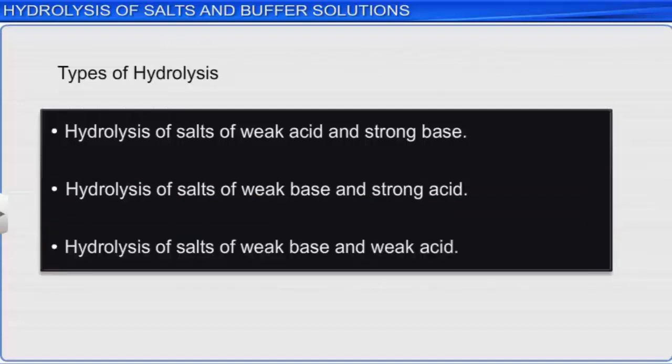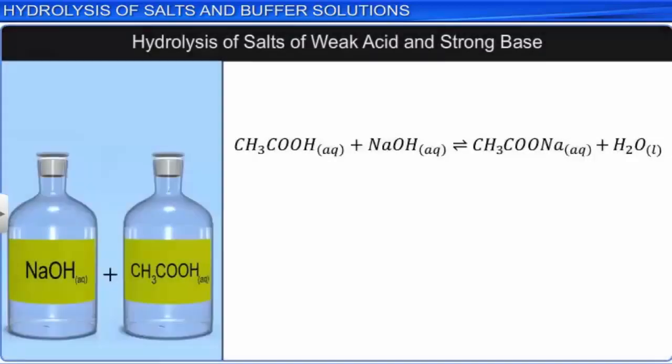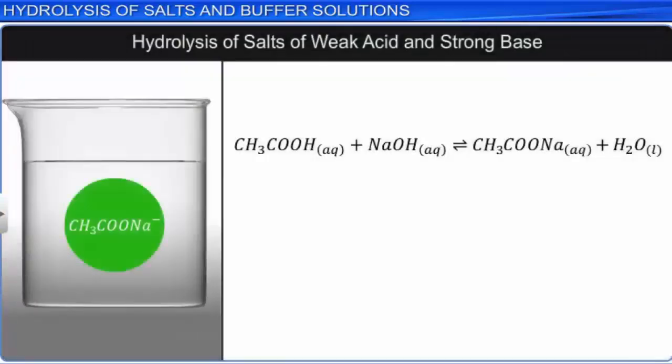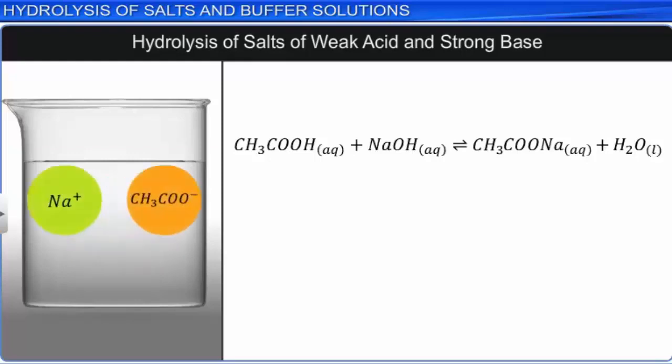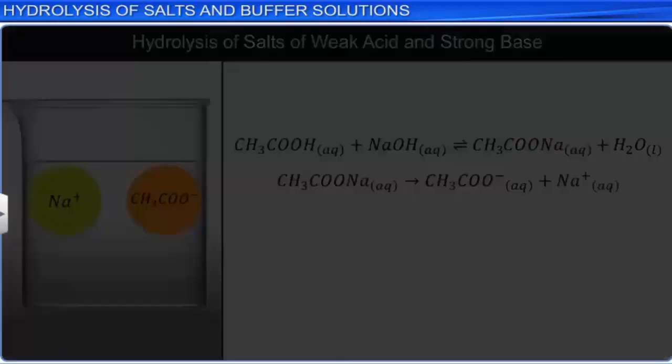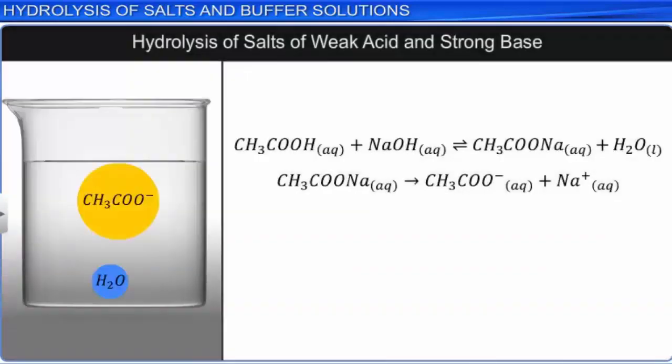Sodium acetate is a salt of weak acetic acid and strong sodium hydroxide base. It undergoes complete ionization in water to give acetate ions and sodium ions. The acetate ion, being a strong conjugate base of a weak acid, undergoes hydrolysis in an aqueous solution to produce OH- ions.